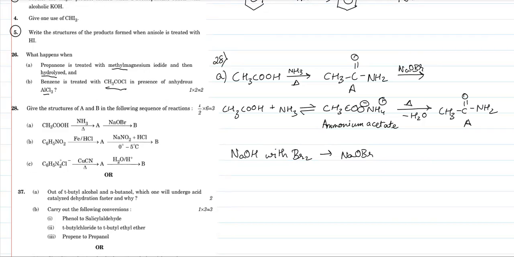And fun fact, this whole question is in your textbook. Like it's there in the textbook questions. So when you have a Hoffman bromamide reaction, the one which has been given in your textbook is RCONH2, that is an amide, reacting with bromine and sodium hydroxide, which gives us NaOBr.